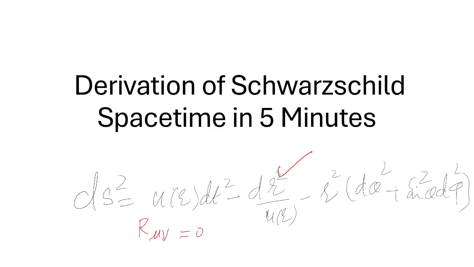So we have two Ricci tensors for the given spacetime, and they are u double dash plus 2 over r u dash equal to 0, and the second one, this is the first equation.